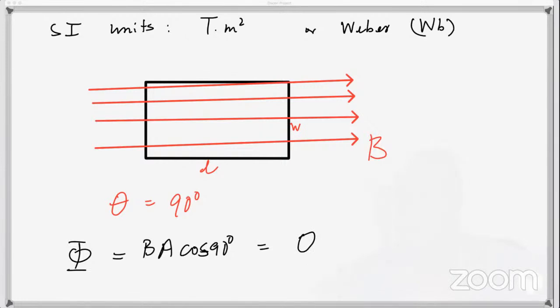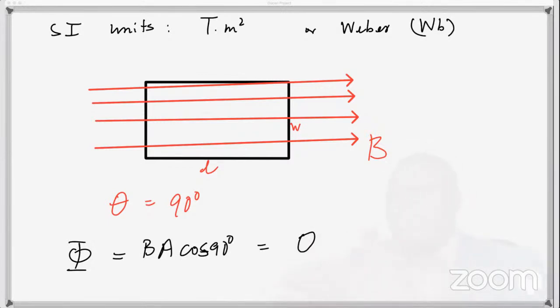And you can explain this by the fact that if you treat the magnetic field lines as arrows, you notice that none of the arrows penetrates the plane of the conductor, because they're just going across.